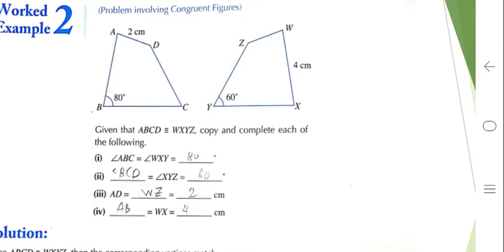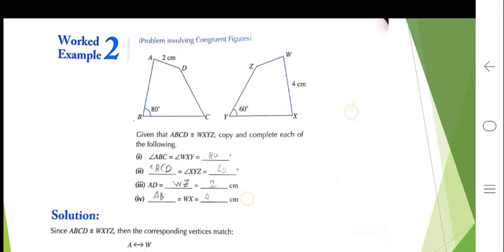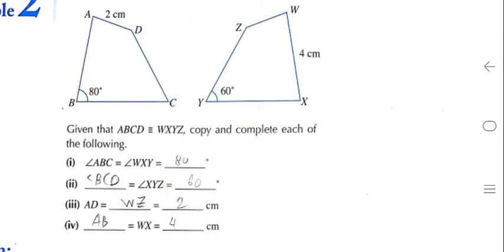Copy and complete each of the following. Angle ABC is the same as angle WXY, of course, which is 80. Here I've already provided you with the answer, given that this is just an example. Angle BCD will be the same as this angle XYZ, 60.